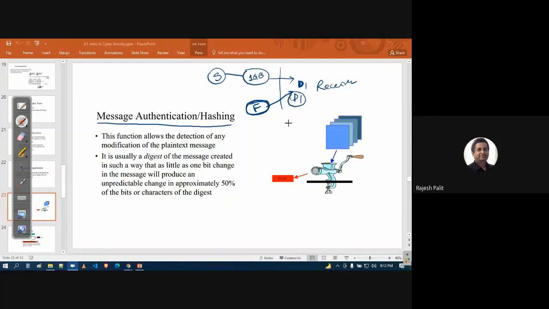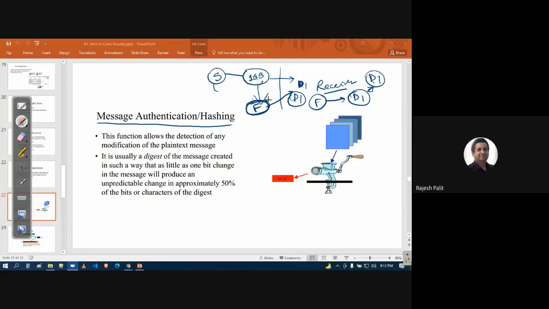The receiver will not be able to detect the modification, because after downloading the file, the receiver will generate the digest and get D1. From the sender, the receiver also gets D1. That means the digests are the same, so the receiver will not be able to detect the change or this problem.